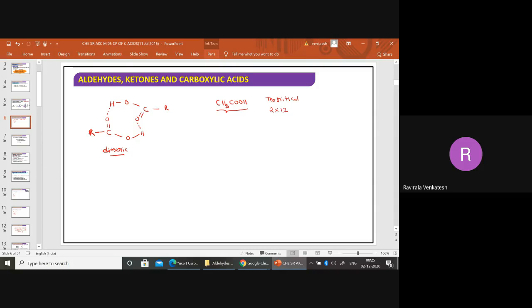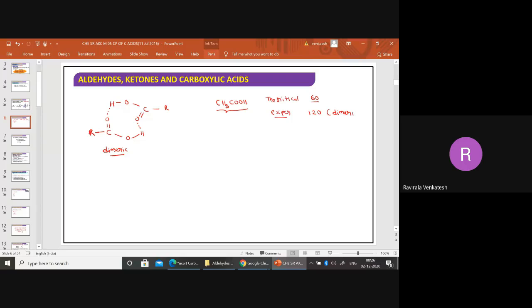So 60 is the molecular weight of acetic acid: 24 from the carbon, 4 from the hydrogen, and 32 from the oxygen. Totally we get 60. But in experimental studies, the molecular weight you get is 120. Why? Because of the dimeric nature.